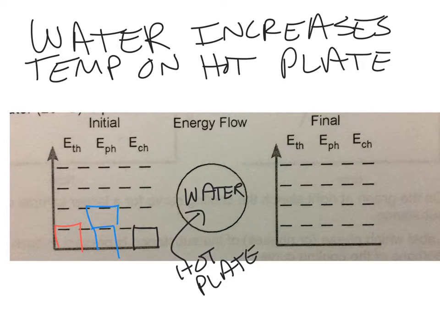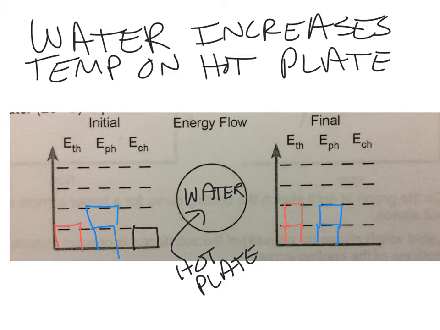So now I'm going to do the final bar chart, and that's after energy has been added. So after that water has increased its temperature, I'm going to draw a second block in the thermal energy. Since the water heated up, it must have gained some thermal energy. Now the phase hasn't changed.